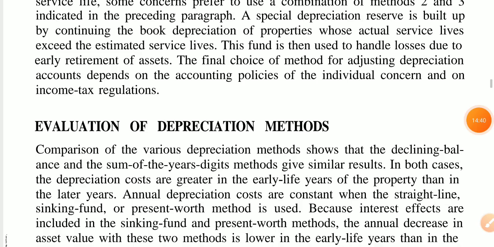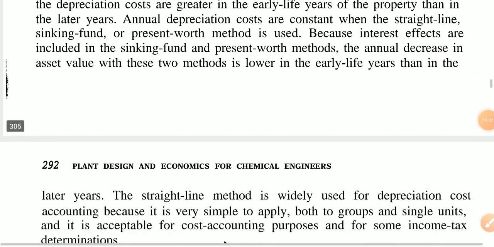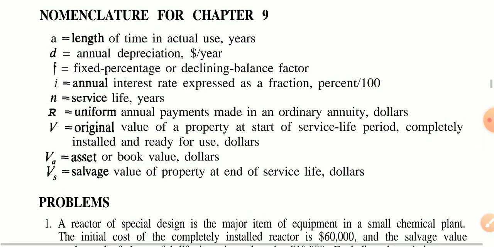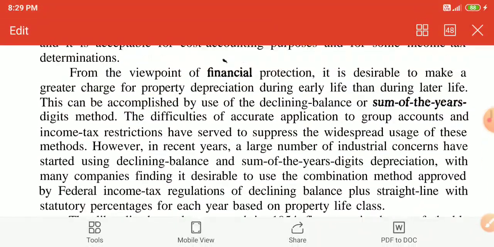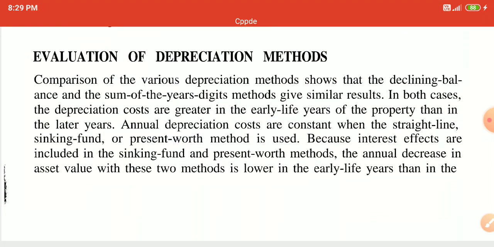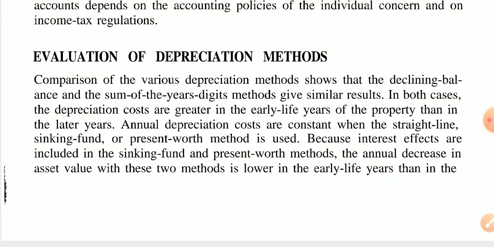This is a more point evaluation of a depreciation method. Comparison of the various depreciation methods shows that the declining balance and the sum of the year digits methods give similar results in both cases.